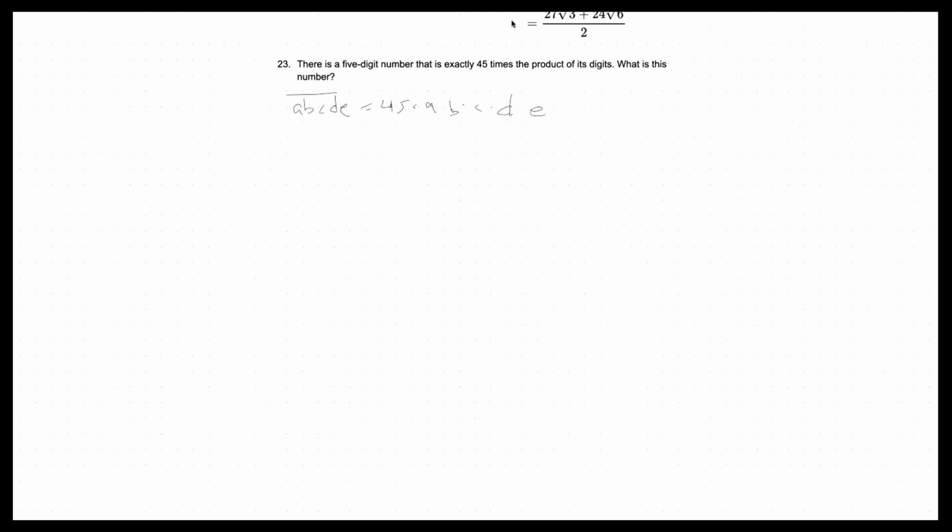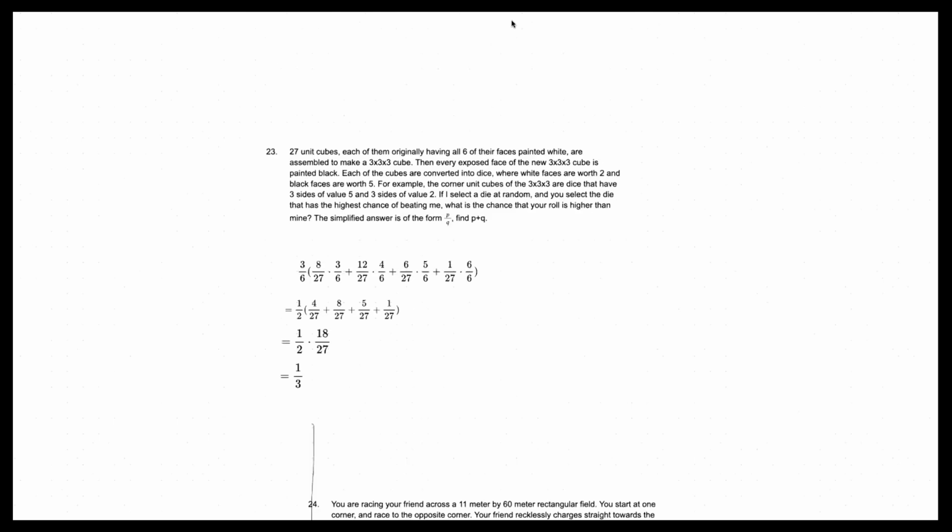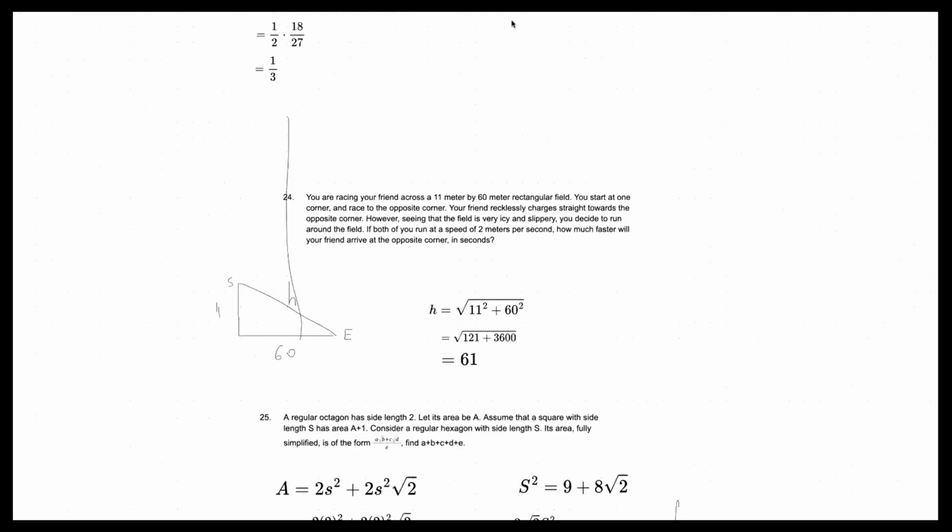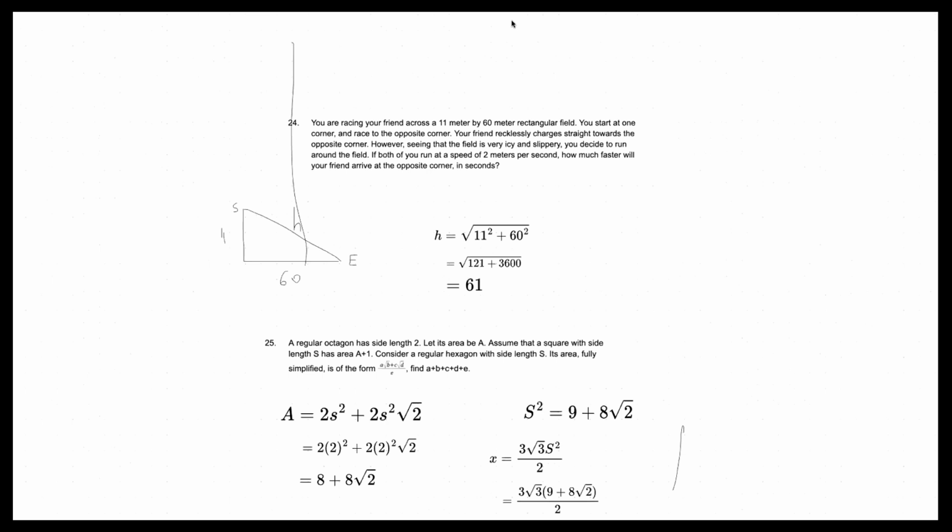So that means that the left-hand side would be 0, and that is not a 5-digit number. So that means that A, B, C, D, and E are all odd. And we see that the right-hand side is 45 times an odd number. So that means that the units digit of this product would be 5. So that means that E is equal to 5.